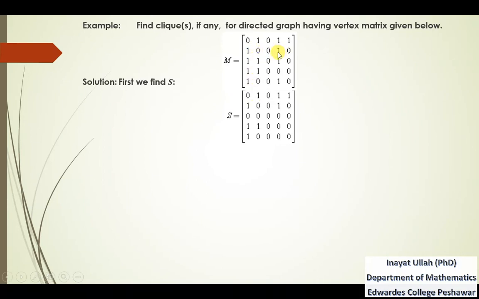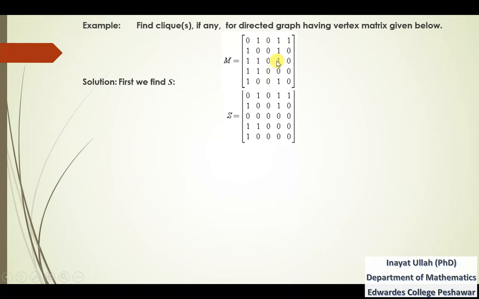This is second row, third column, fourth column, second row, fourth column. So this entry will be matched with this entry. These are ones, so automatically these will be ones. And similarly this one will be matched with this one. This is A34, so A43 is this one.